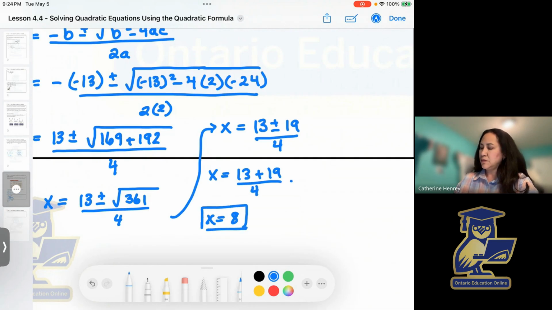Or x is going to be equal to 13 minus 19 divided by 4, in which case x is going to be equal to negative, it's a fraction, 3 over 2.